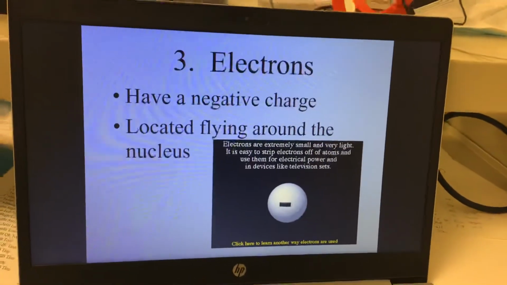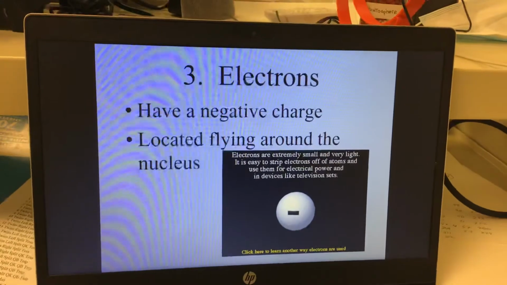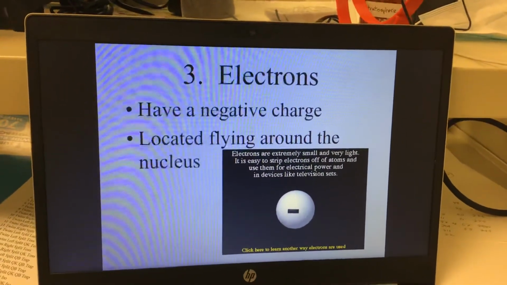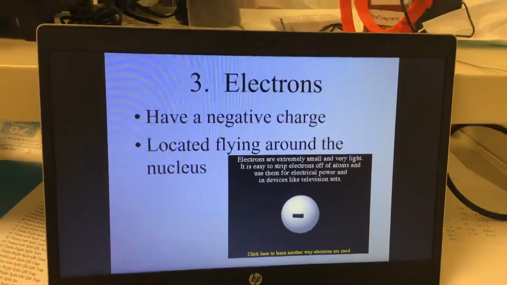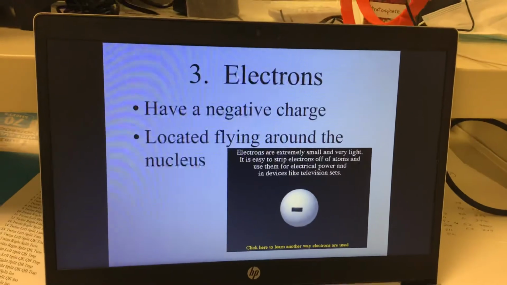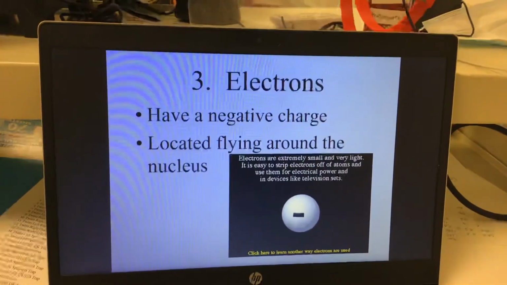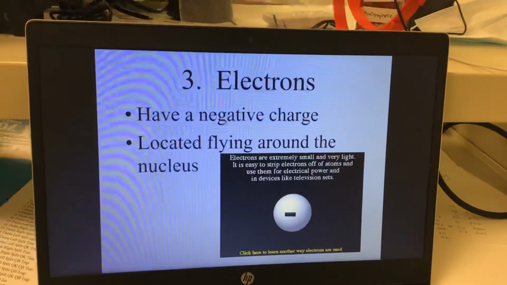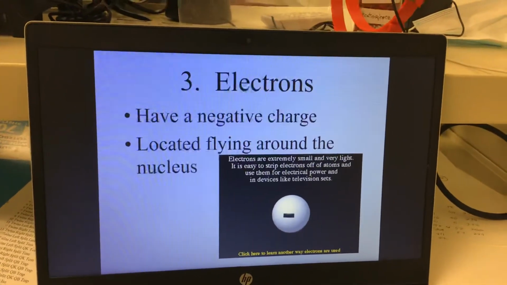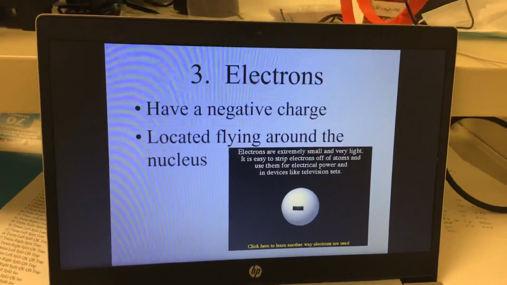The third part there, electrons. Electrons have a negative charge located flying around the nucleus. And they're usually super tiny compared to the protons and neutrons. The protons and neutrons are pretty good size. They're in the nucleus. Electrons are tiny little ball-like things, and a lot of times they'll have a negative sign on it, or they might just be a negative sign flying around the nucleus.